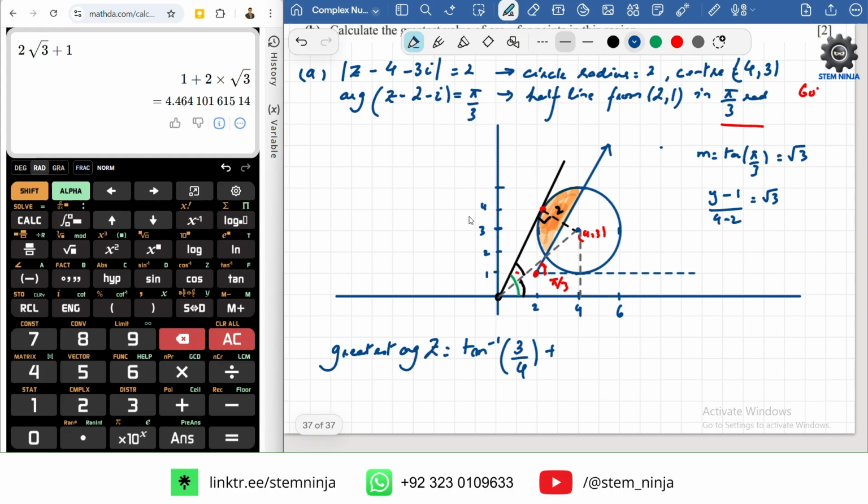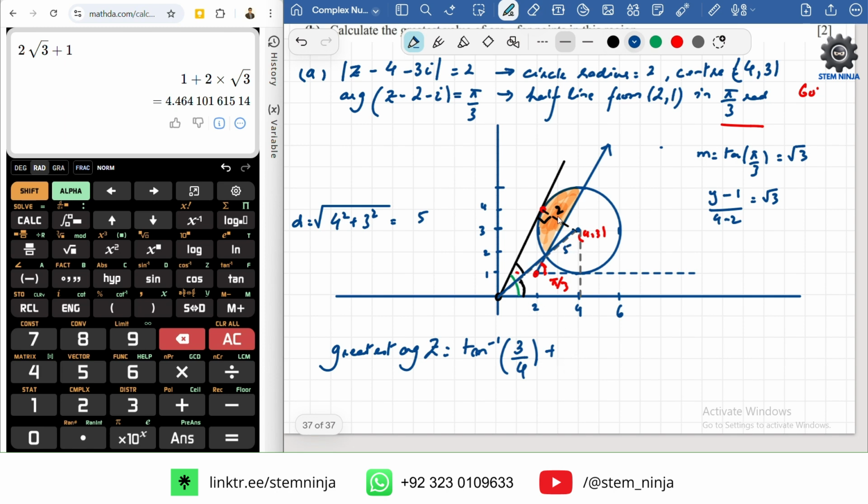We need to know the length: 4 squared plus 3 squared, 16 plus 9, 25, so that would be 5. So this length over here is 5, right? So this particular length is 5.